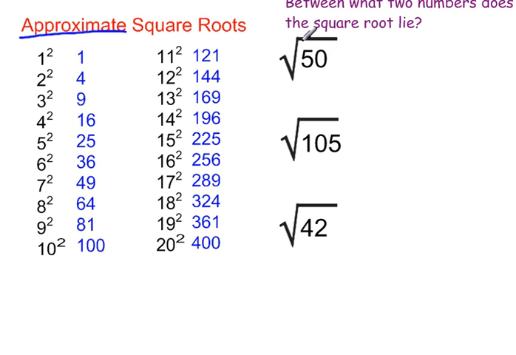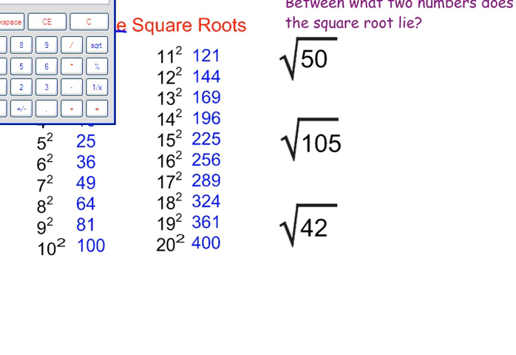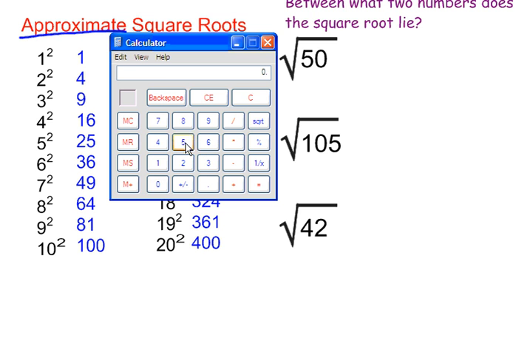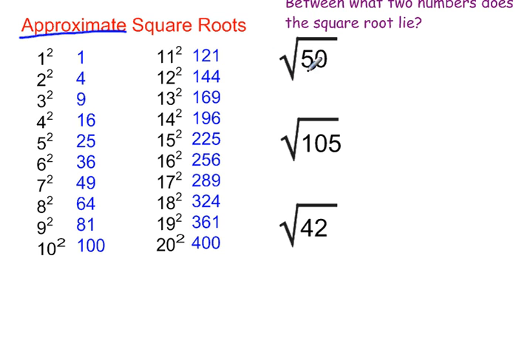So the square root of 50, let me show you really quickly on a calculator. The square root of 50 is going to be an irrational number. You can see that it goes on forever, it's not repeating. But I can figure out approximately where the square root of 50 is. I'm going to look for my perfect numbers.